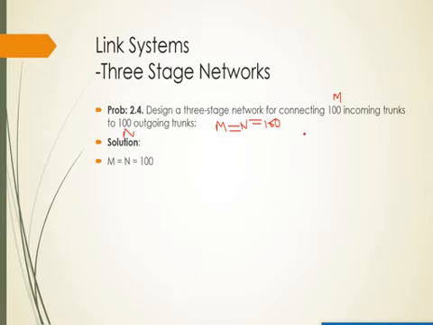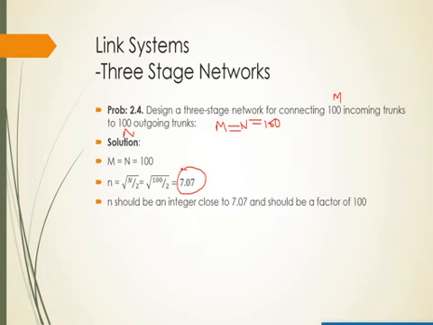First I should identify how many inlets and how many outlets there are. For the optimum solution, we obtained an equation: number of outlets is equal to square root of n divided by 2. Since m is equal to n is equal to 100, it turns out to be 7.07. I cannot have the number of inlets as a decimal value such as 7.07.